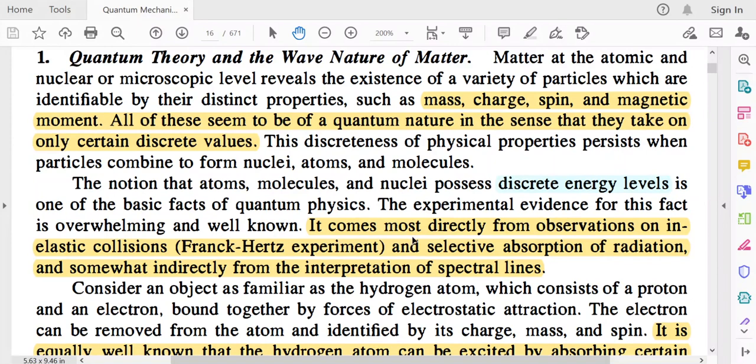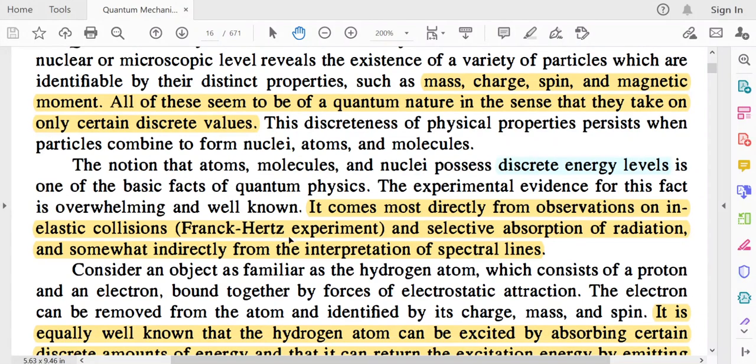It comes most directly from observations on inelastic collisions and selective absorption of radiation described in the Franck-Hertz experiment. In this lecture, we will not describe the Franck-Hertz experiment, but you can read this experimental procedure from any standard textbook. So this experiment is the direct evidence of discrete energy levels.